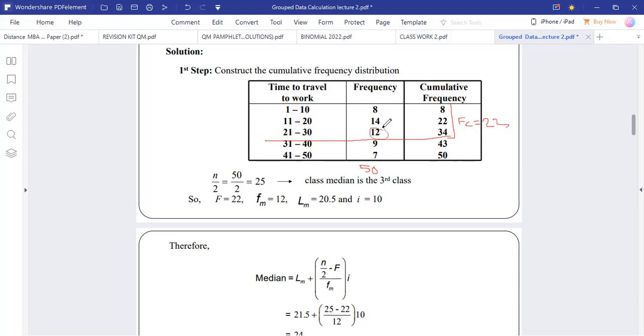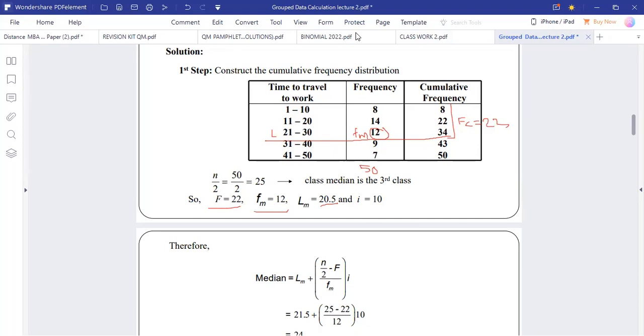So our FM is 12. Then the lower boundary, 21, but we subtract 0.5, so it will be 20.5, which is standard. Our FM is 12. The number above this one is 22, which is our FC.